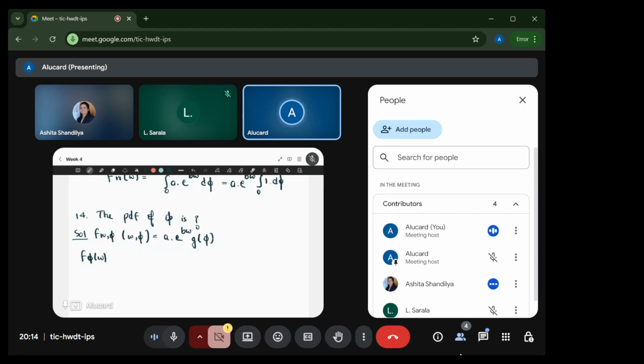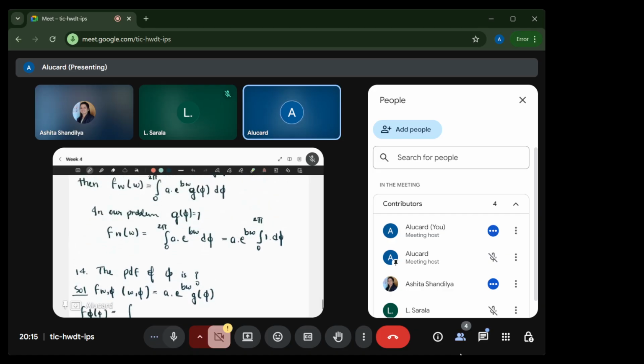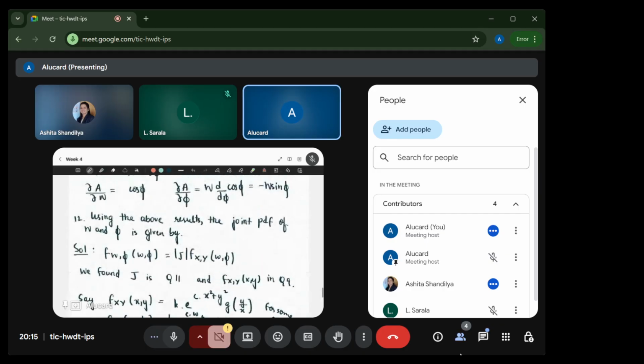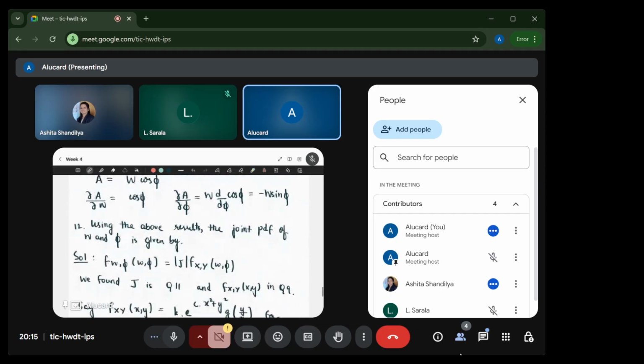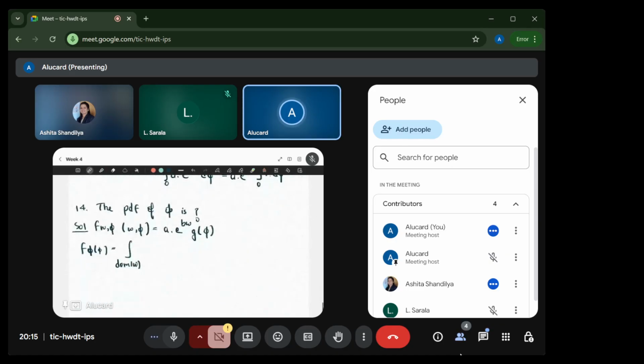Okay, in this question, once you have the joint distribution in terms of W and phi, if you want the marginal distribution, then you just have to integrate over all values of W. I'll write here domain of W. So now you see, you need to know whether W is from minus infinity to infinity or it's only from 0 to infinity, because depending on that, you'll get different answers.